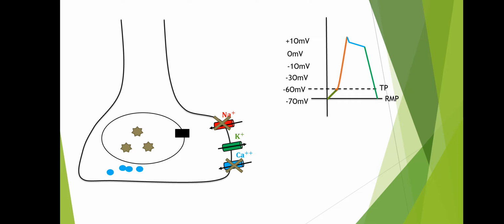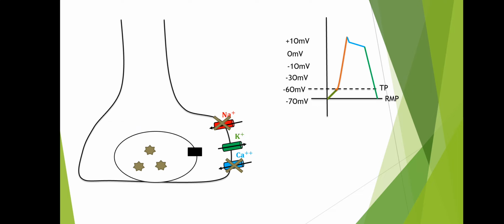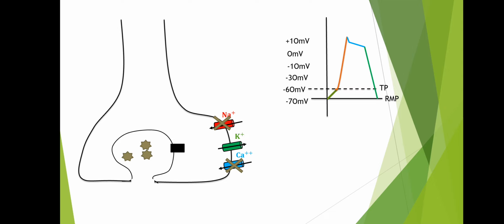But when this action potential was taking place, we saw a few calcium ions moved inside. Influx of calcium ion took place. So what will this calcium ion do? This calcium ion is responsible for the fusion of the vesicular membrane protein with the axonal membrane protein. Both the membranes fuse and open up, causing exocytosis.